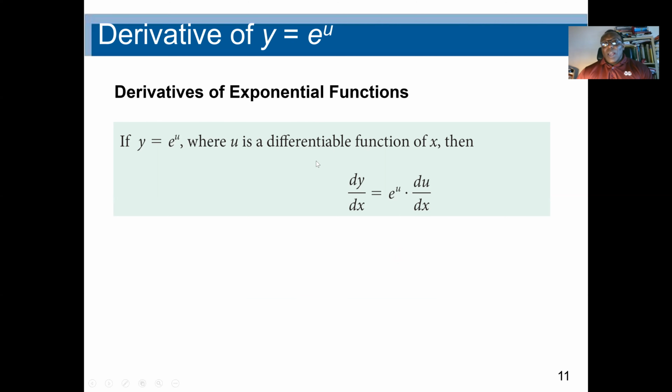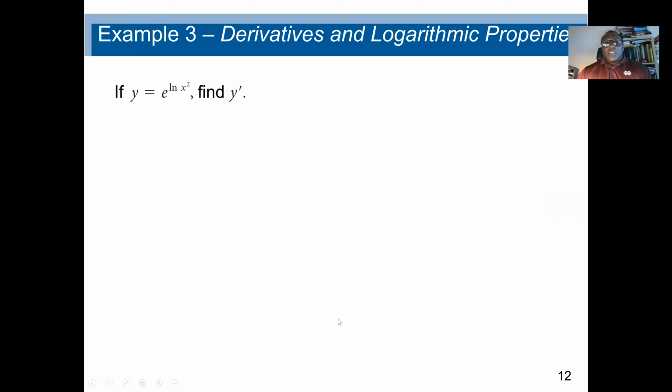So here we are applying the chain rule. Those are the two properties. The derivative of y equals e to the power x is e to the power x. Now, for the derivative of e to the power u, we apply the chain rule, so the answer will be e to the power u multiplied by the derivative of u. And we shall see examples.